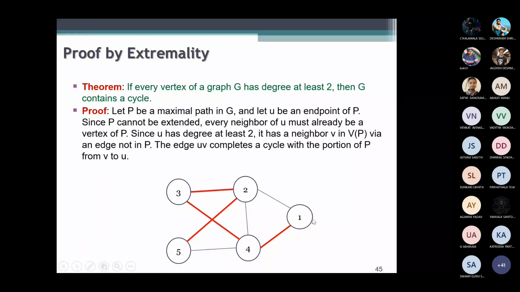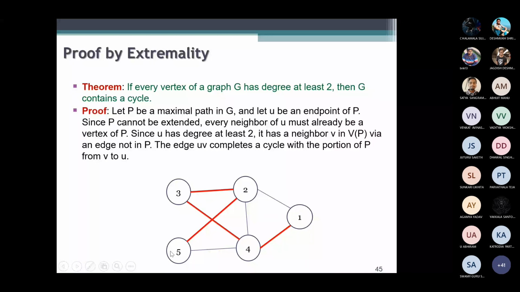Since U has degree at least 2, it has a neighbor V, that is the neighbor 2, via the edge 1 2 that is not in the path P. Hence the edge UV, the edge 1 2, completes a cycle with the portion of the path P from V to U, that is 2 3 4 1. Together with this, the 1 2 edge creates a complete cycle. The same thing is true here also.